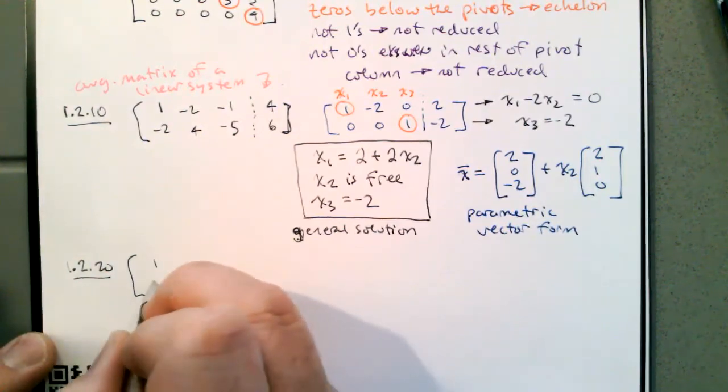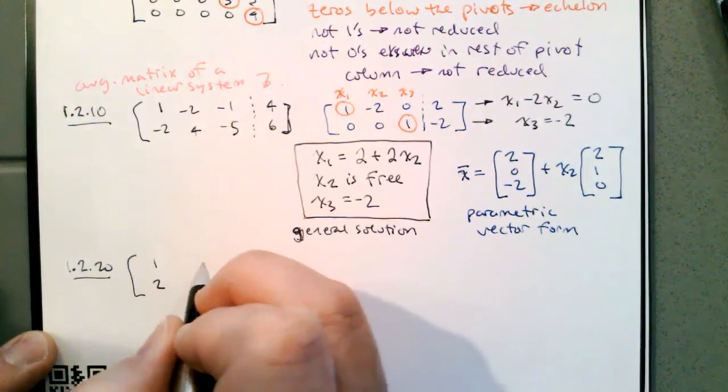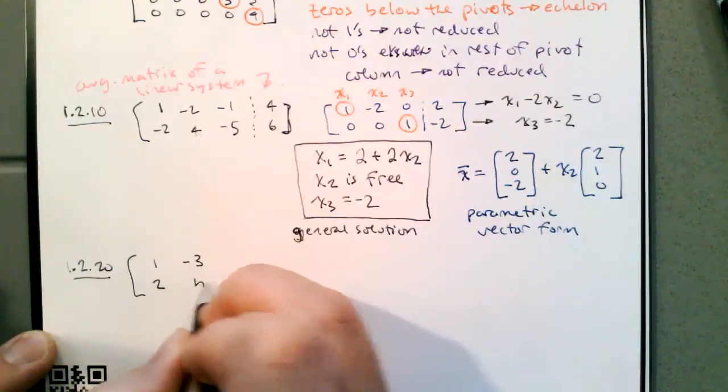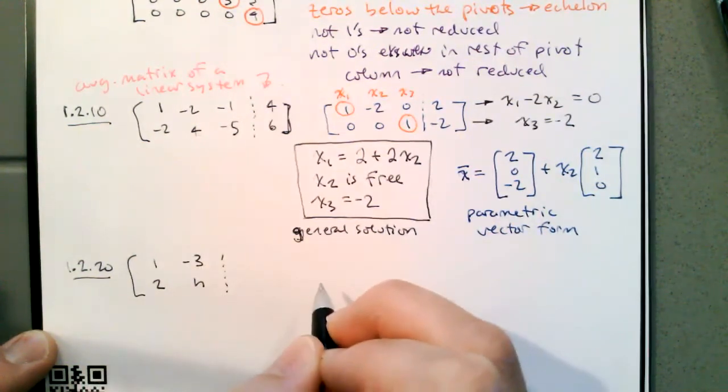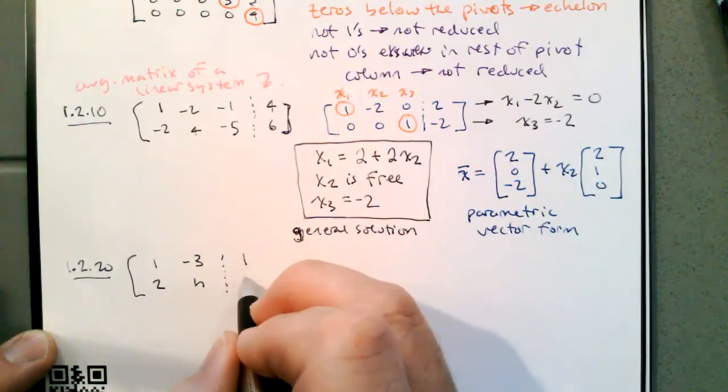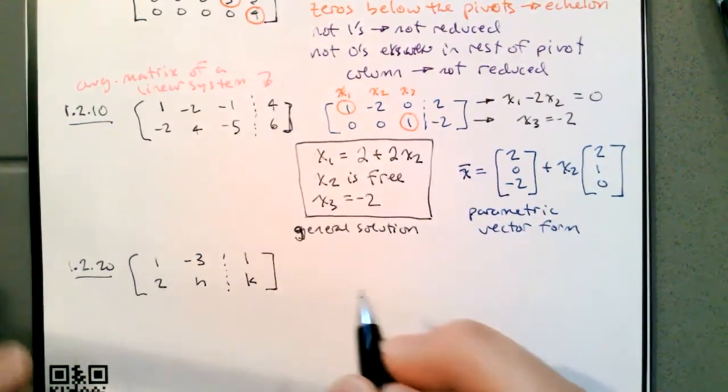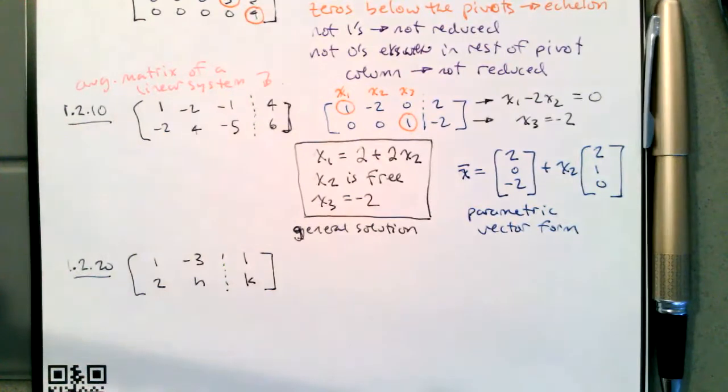1, 2, -3h, and 1k. I'm going to write down the augmented matrix for this linear system because the augmented matrix is the way.